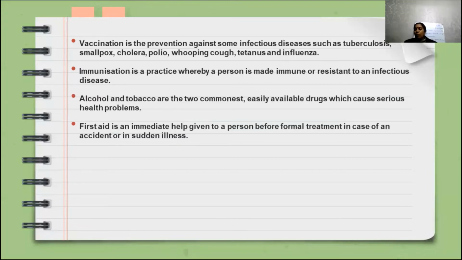Airborne diseases are diseases that spread through contaminated air, for example tuberculosis, TB. The chances of this disease can be reduced if we cover our nose or mouth while sneezing or coughing.